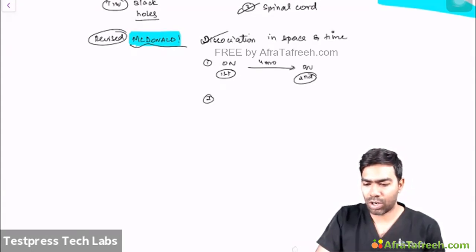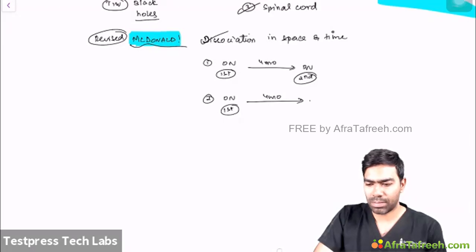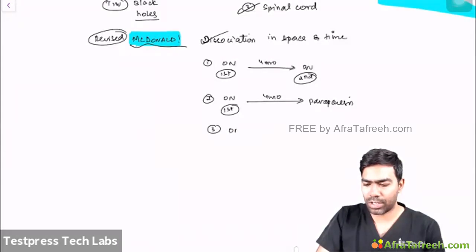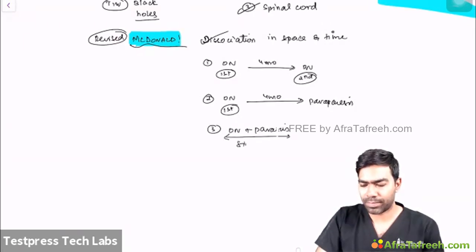Second patient got optic neuritis, first attack, and after 4 months, the patient got maybe paraparesis. This is number 2. Number 3, the patient got optic neuritis and paraparesis at the same time, simultaneously.